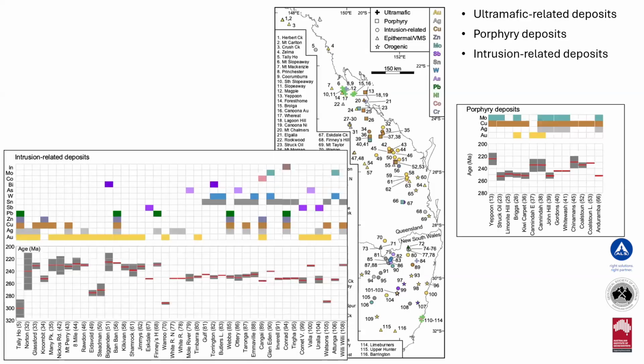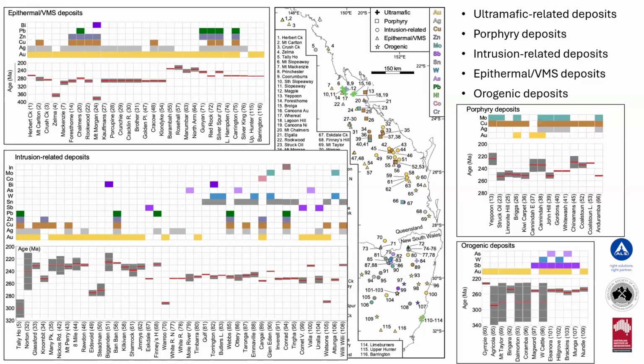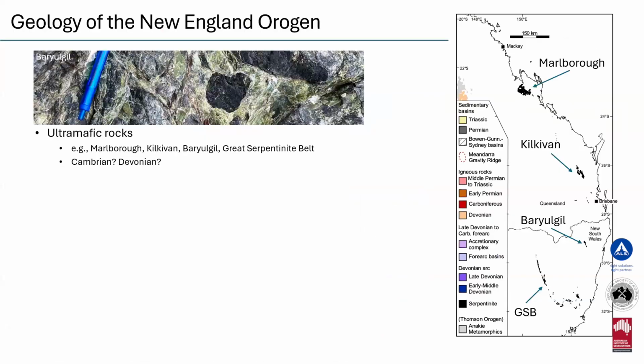So intrusion-related deposits, porphyry deposits, basically other intrusion-related deposits. The fourth group are epithermal and VMS deposits, and the fifth group are the orogenic deposits. These are some of the most difficult ones to get any information on the timing of mineralization, leaving an error bar that makes the age almost meaningless. So with that in mind, let's now look at the geological context of those deposits.